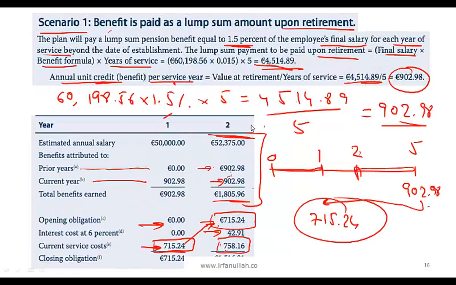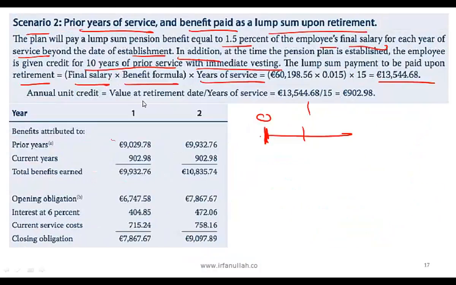This is how much the employee earns every year in undiscounted terms. So now we are saying the employee is getting 10 years worth of credit on day 0. So that's the number from the previous slide, 902.98 multiplied by 10, which gives you this number right at time 0.